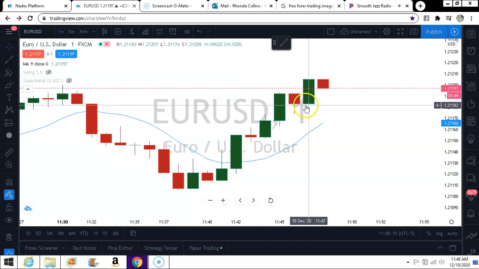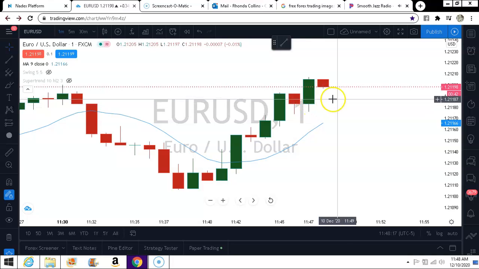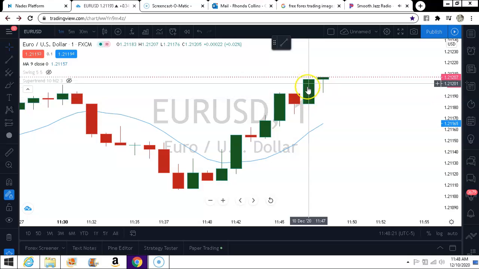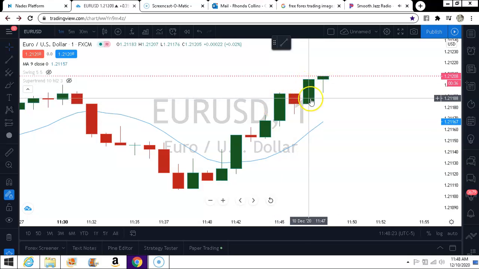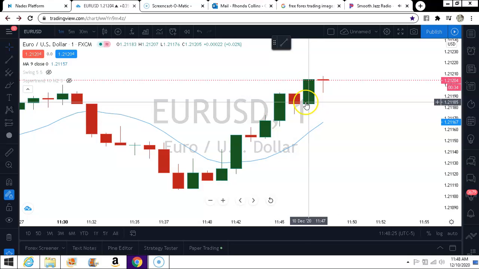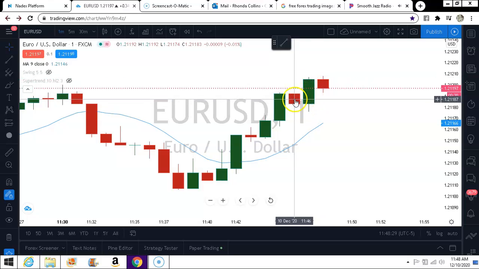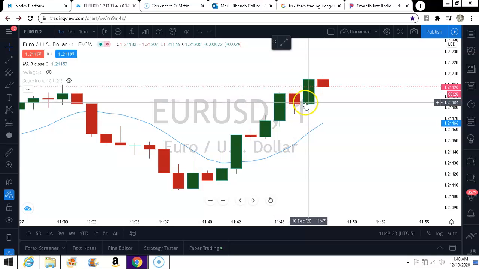So with bullish and bearish engulfing candles, you have a candle that will engulf the previous candle. So this green candle is bullish and it fully engulfed this previous red bearish candle. That's what considers this a bullish engulfing candle.